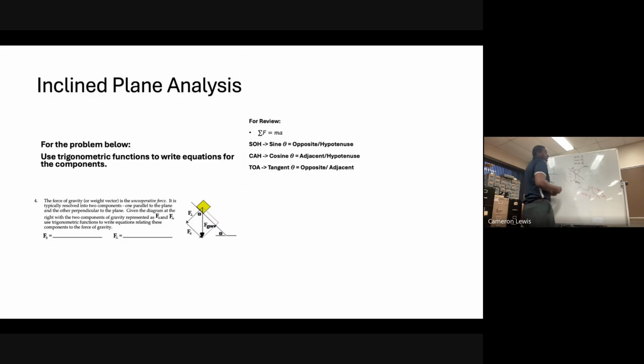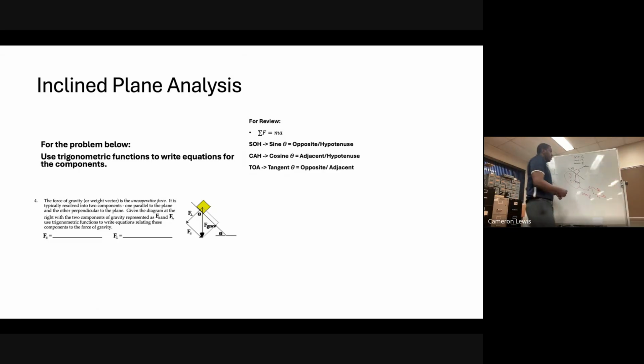Now, real quick, F gravity is equal to what? Mass times the acceleration due to gravity. So F grav is equal to m times g. That look familiar? So now I can put m times g right here.